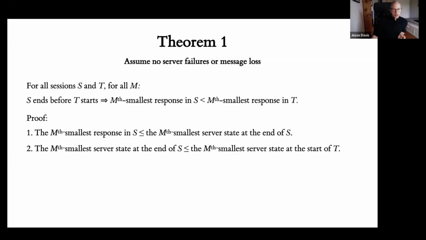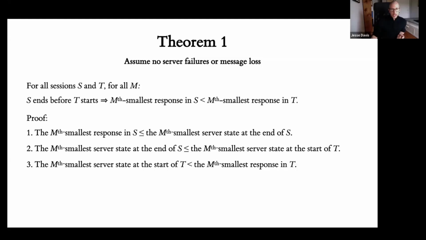Then we take that same value, the nth smallest server state at the end of S. We say that that's less than or equal to the nth smallest server state at the start of T. We know that because S ends before T starts, and server states can only increase.